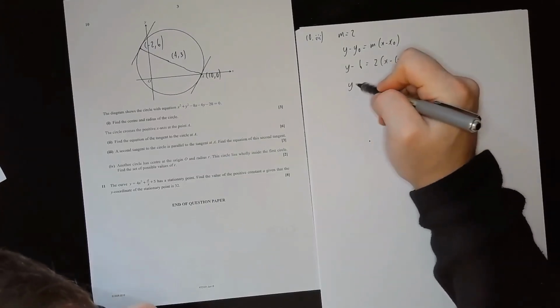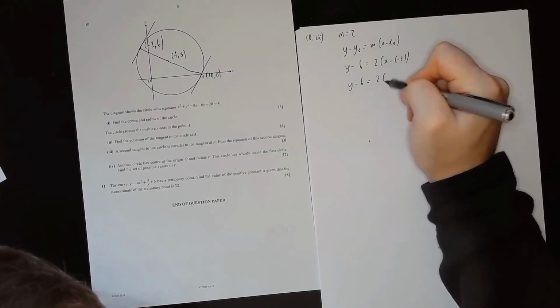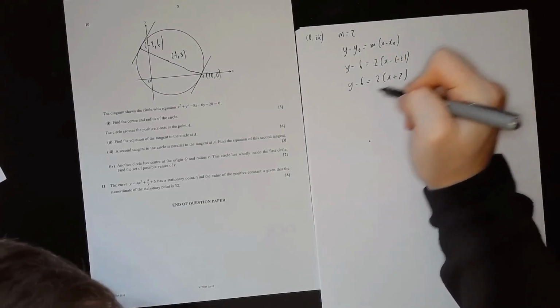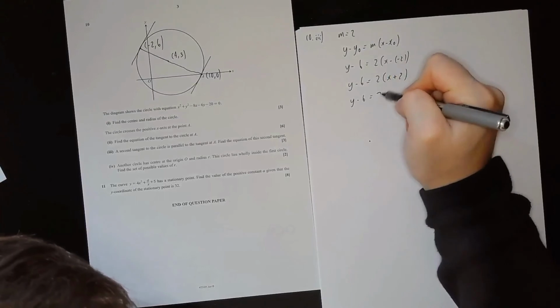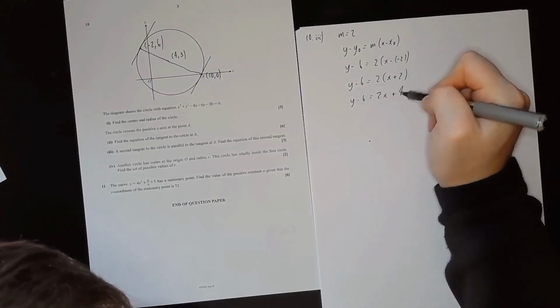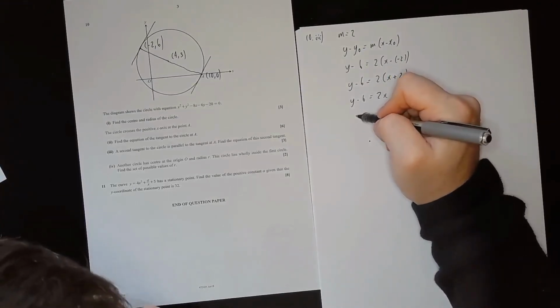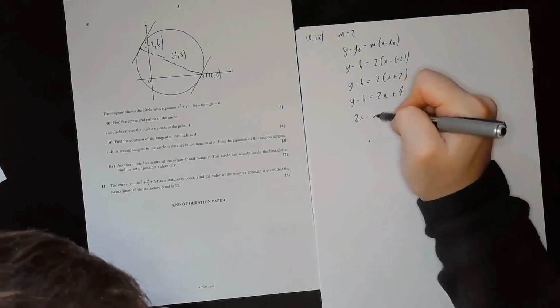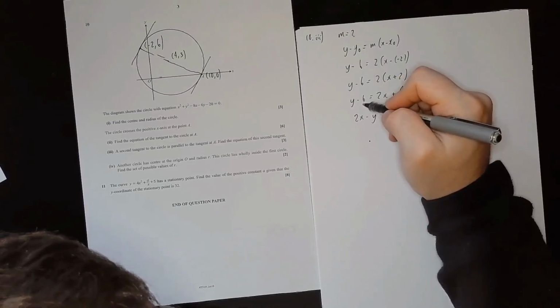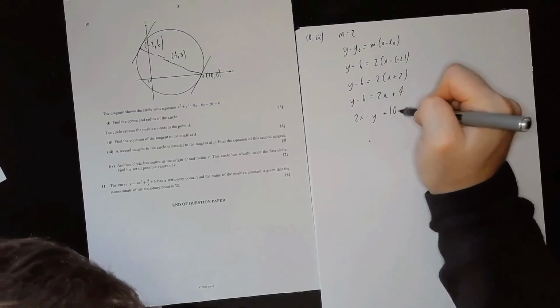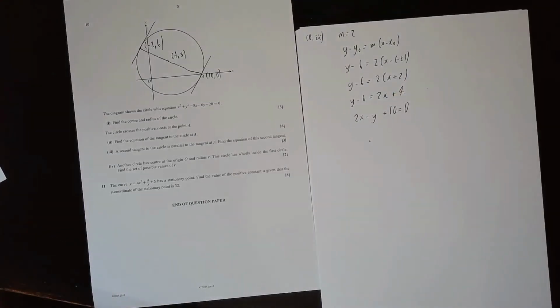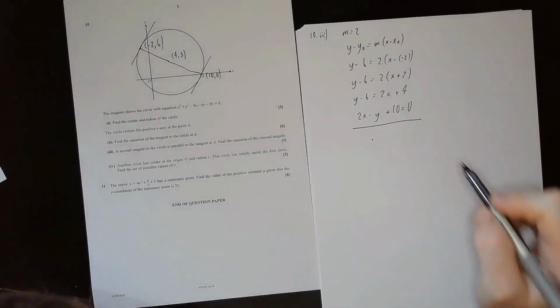So if we just rearrange, 2x minus y plus 10 equals 0. Given that it's only 3 marks, this question, we know it doesn't take that much working. So that is the equation.